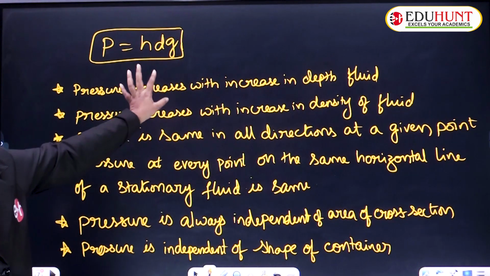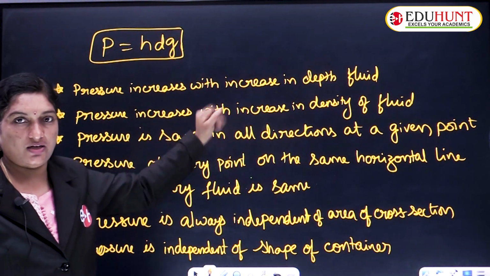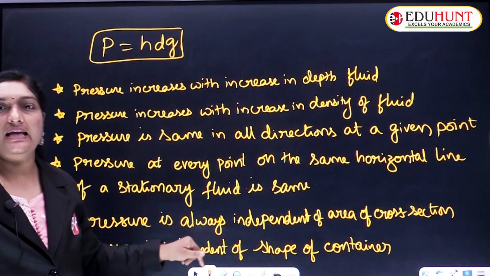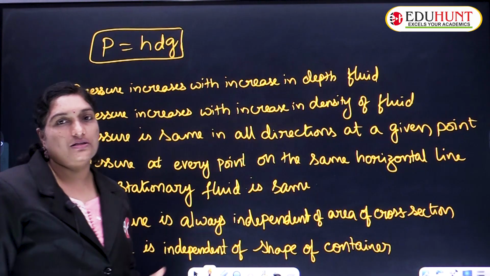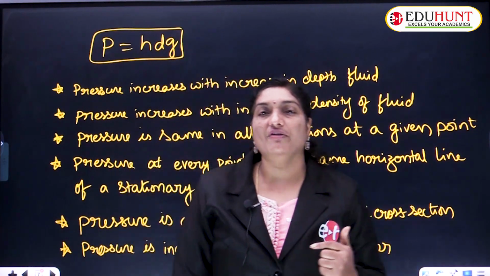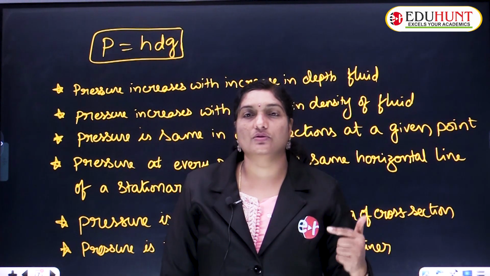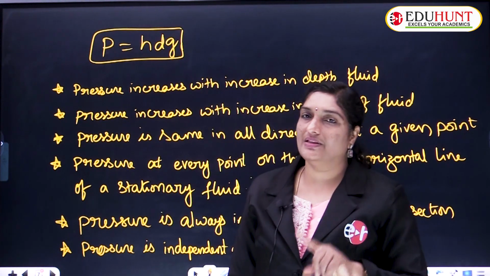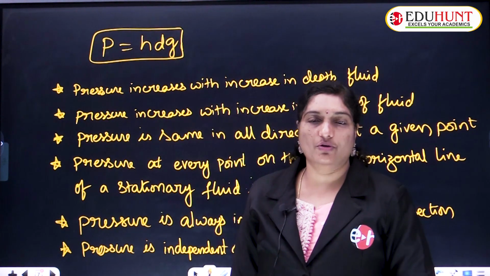So what is the formula for pressure, children? Pressure is equal to hdg. So first point, as the depth of the fluid increases, pressure also increases. Pressure of the fluid also increases with the increase in density of the fluid.